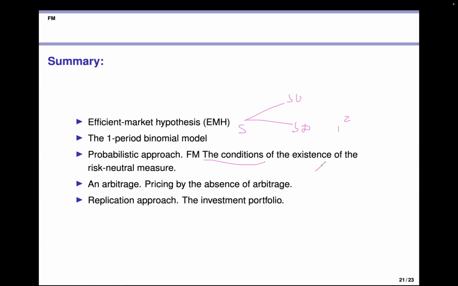It is that D should be lower than 1 plus R, and 1 plus R should be lower than U. So every time we need to check that this sum is more than D and less than U. And this condition provides that the risk neutral measure exists.